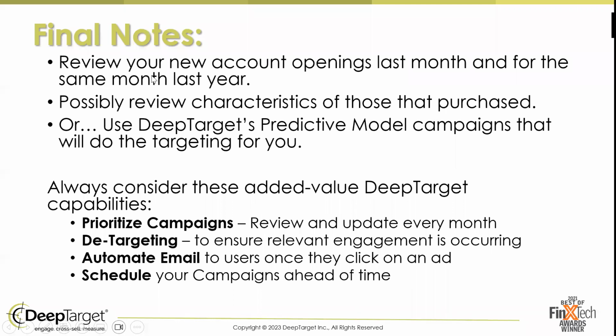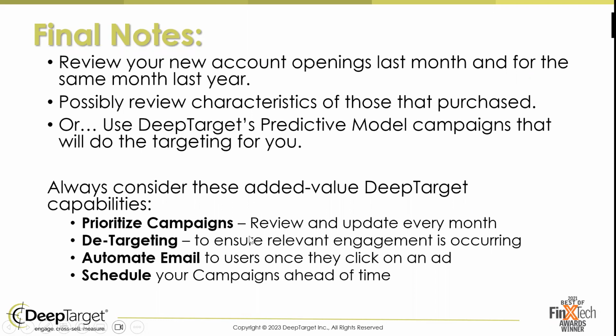Final notes, review your new account openings last month and for the same year last year. Possibly review characteristics of those that purchased during that time frame for targeting, and use DeepTarget's predictive model that will do that targeting for you in a very secure way. Also consider some other capabilities that are just phenomenal that we have.